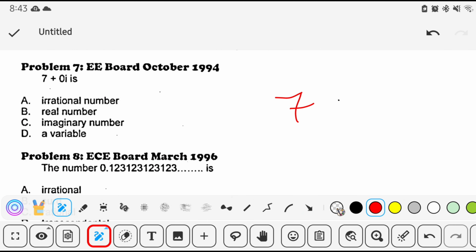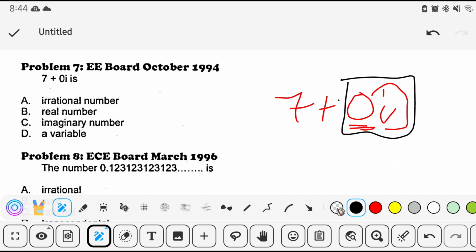Looking at the expression, you can see it like an imaginary, but with the numerical coefficient 0. Anything after this imaginary sign will always be equal to 0. So this expression is just equal to 7.